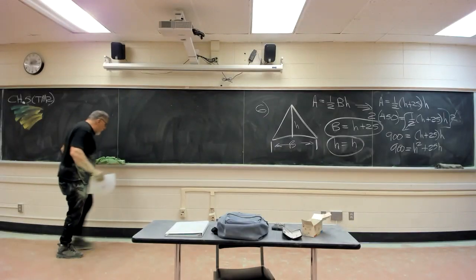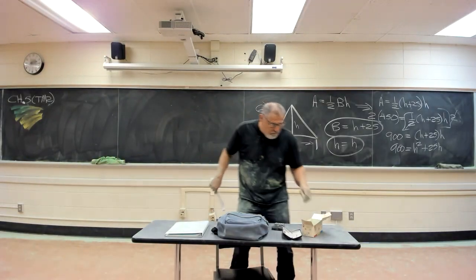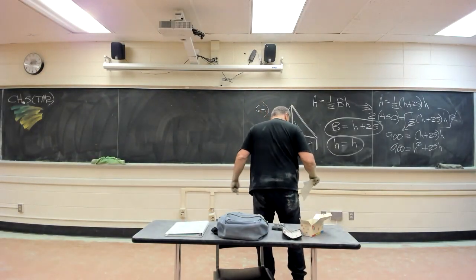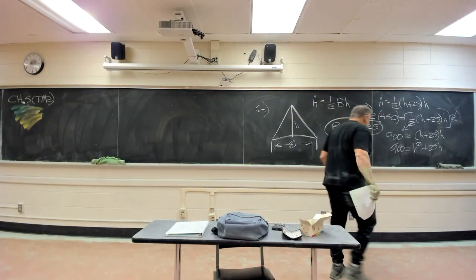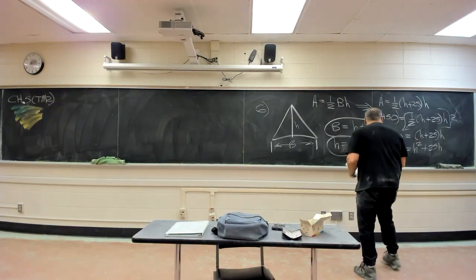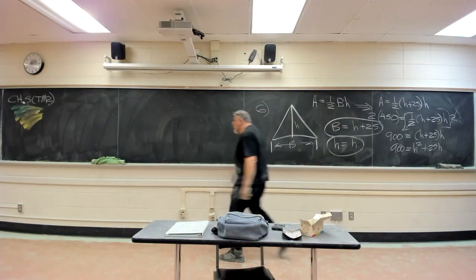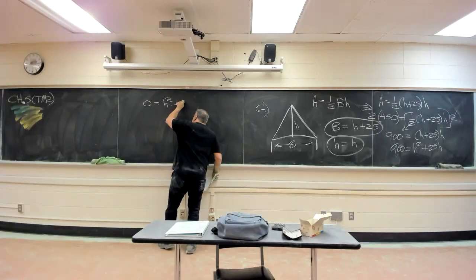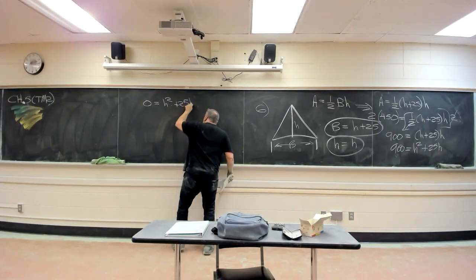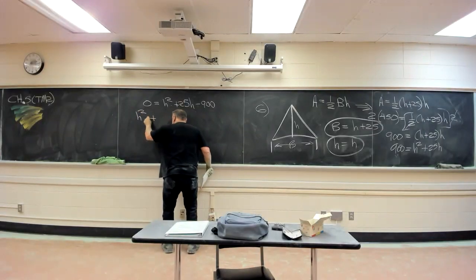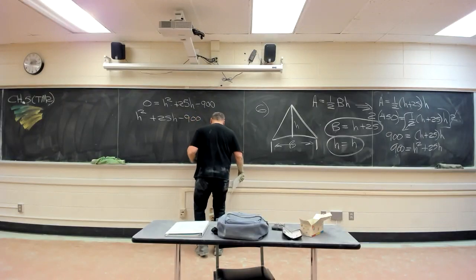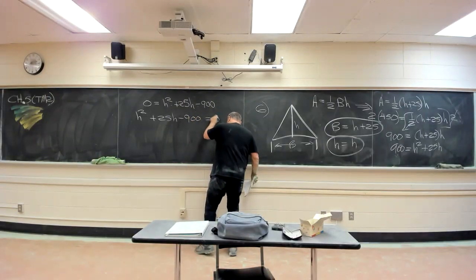What is going on with this, you guys? Well, pretty important stuff. If you subtract 900 on each side, you get h squared plus 25h minus 900 equals 0.